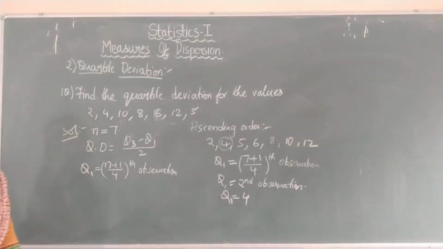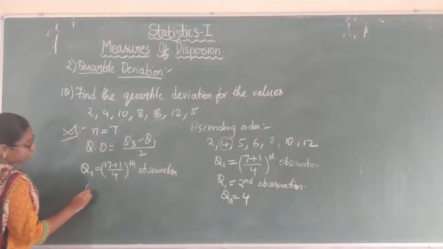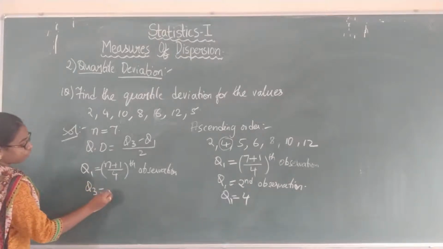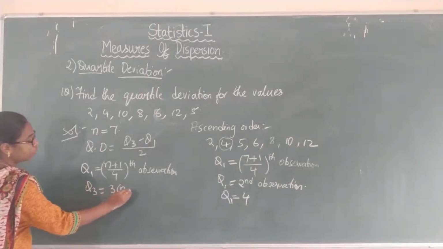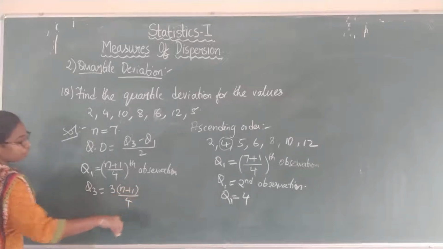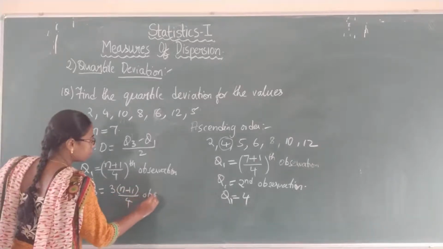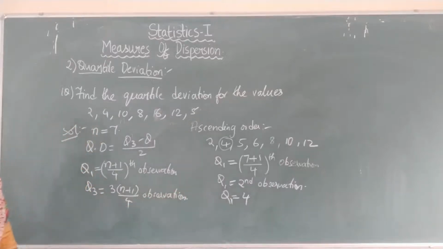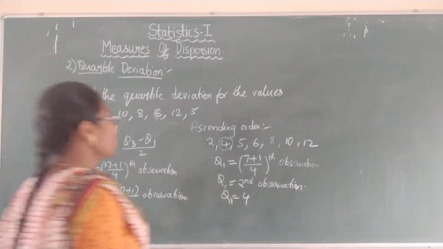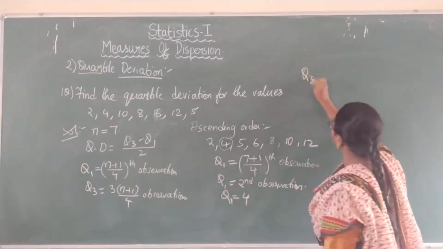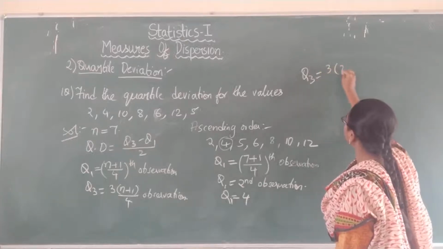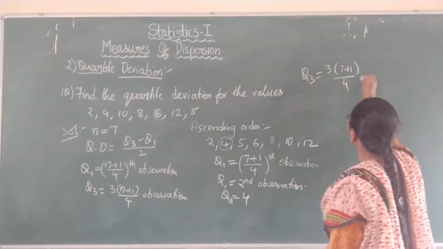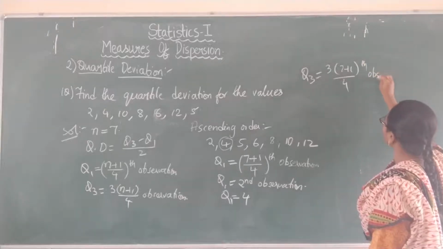Next, similarly, we will find the Q3 value. Q3 equals 3 into (n plus 1) by 4th observation. Substitute the n value, which is 7. So Q3 equals 3 into (7 plus 1) by 4th observation.